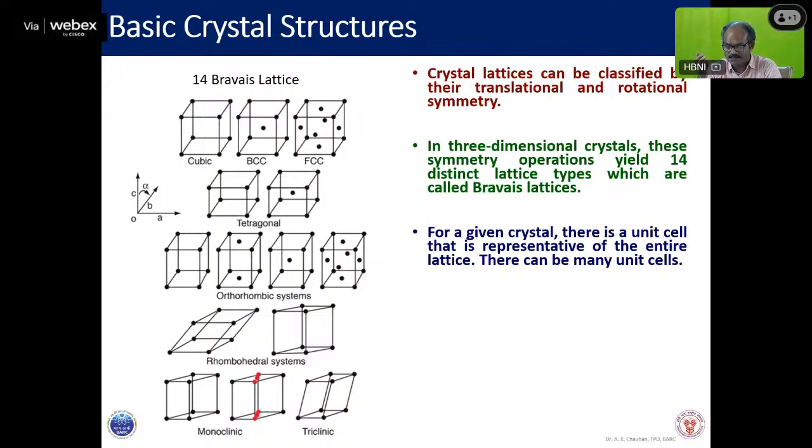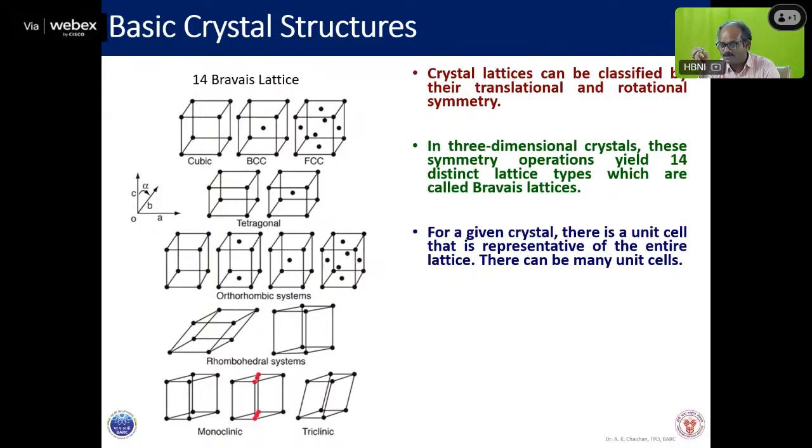So a unit cell can have many primitive cells also, like 5 cells, you can add them together, and that will also become a unit cell. So as such, a unit cell is a simple volume which you keep on adding in all the 3 directions, and then you can generate the entire volume.